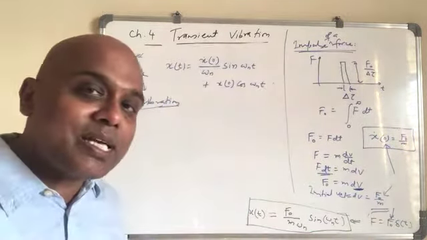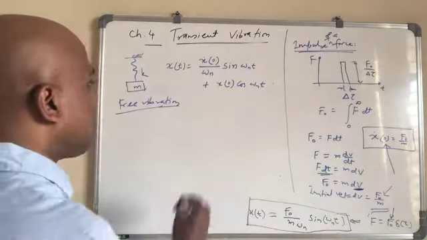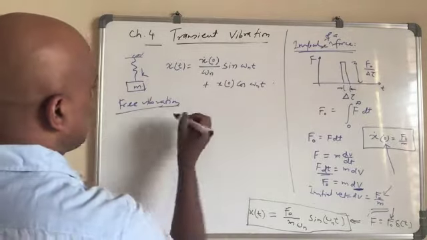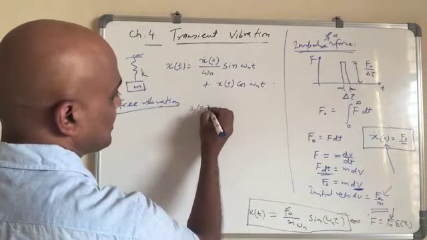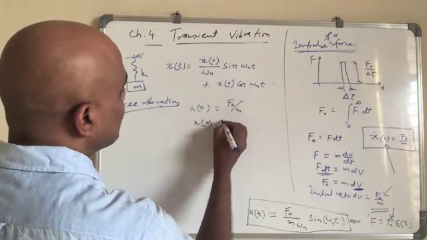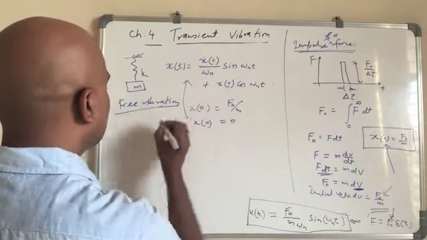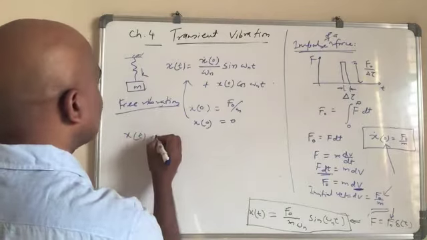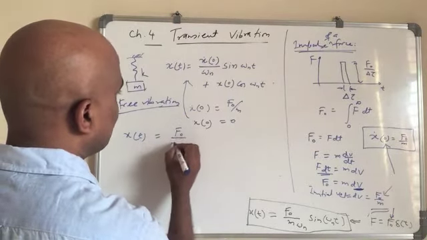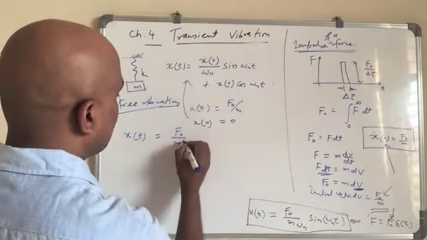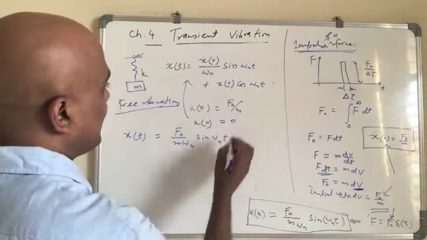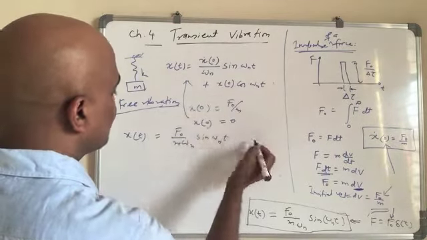So if the initial velocity x dot 0 equals f naught over m, and initial displacement equals 0, then the displacement is given by f naught over m omega n, sine omega n t, since x 0 is 0.